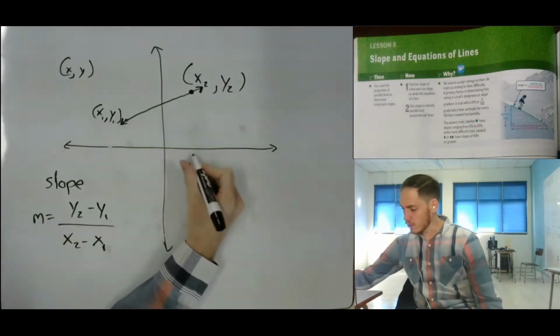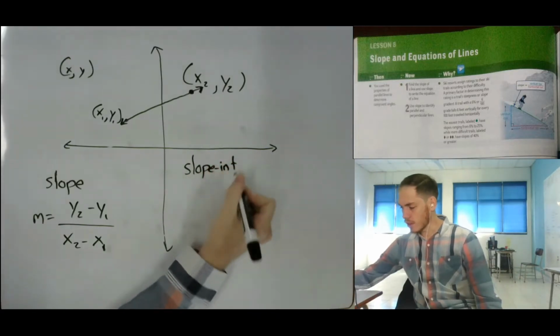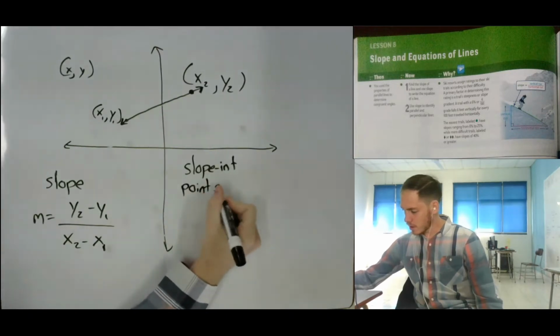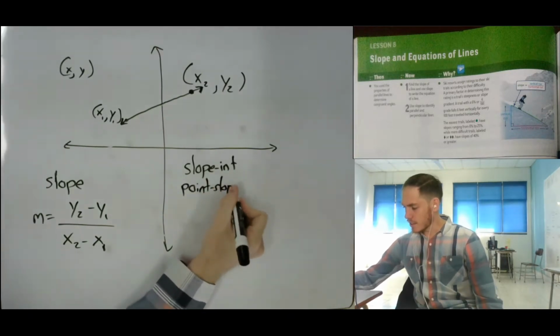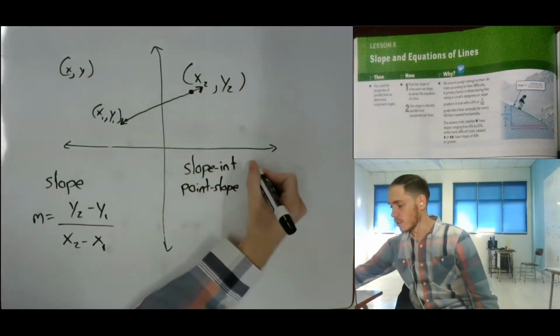Now we have 2 forms, slope-intercept and point slope, that are important. If you were here last year, you've learned this. If you weren't here last year, you probably still learn this.